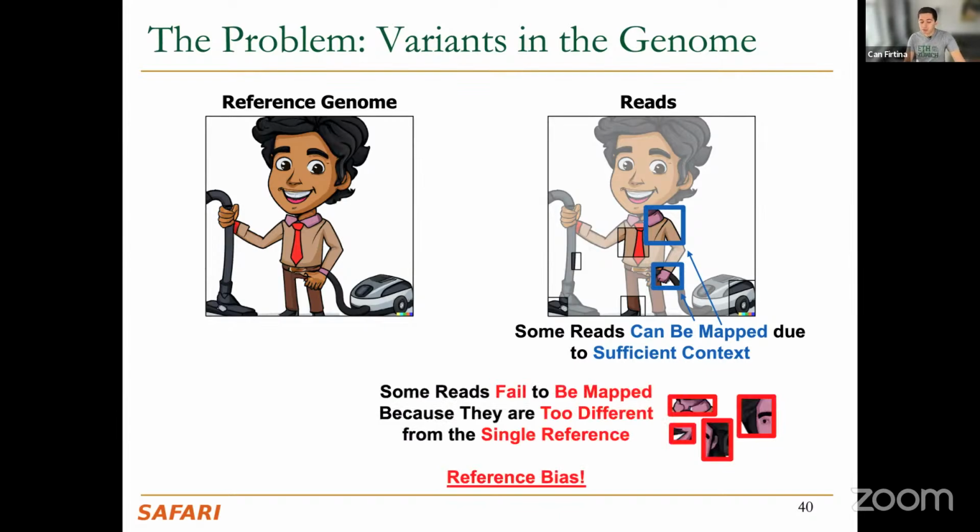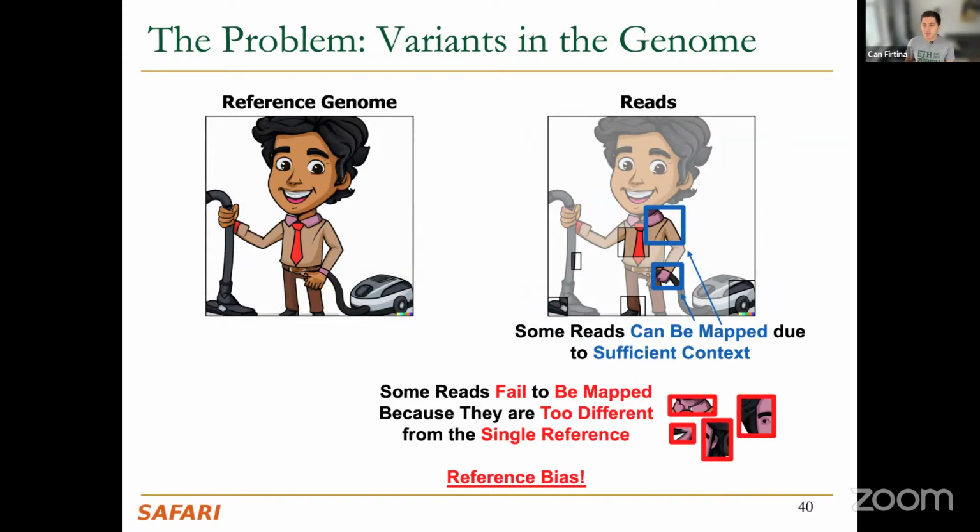But how about the reads that even the alignment algorithms cannot align? It doesn't mean that these reads do not belong to that individual. They may still belong to that individual, but we may not be able to align them because our algorithms cannot find sufficient similarity between the reference genome and the reads.